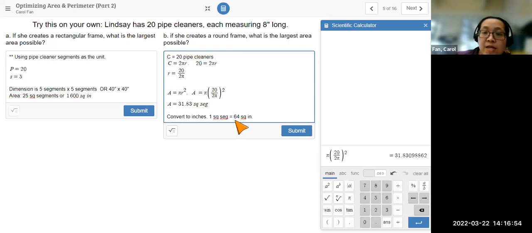How I got this relationship is because I know that 1 pipe cleaner by 1 pipe cleaner is going to be 8 by 8.